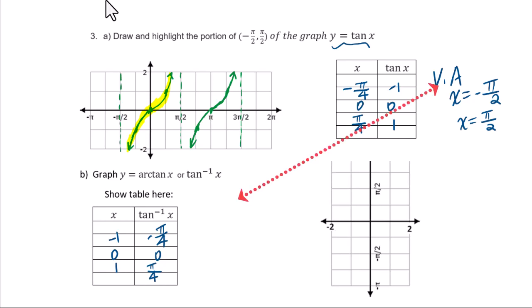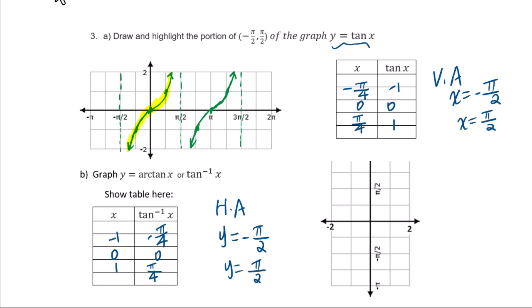The vertical asymptote lines of the graph y equals tangent x will be changed into horizontal asymptote lines for the graph of y equals inverse tangent x: y equals negative pi over 2 and y equals pi over 2.